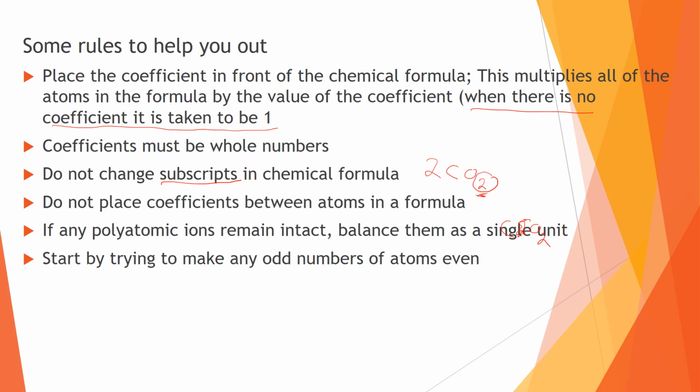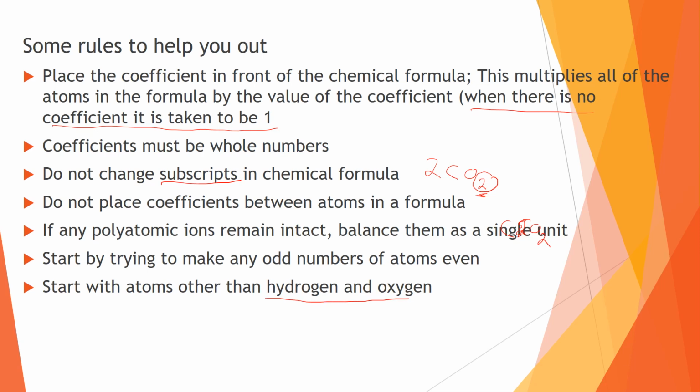Start by trying to make any odd numbers of atoms even. There are little tricks that'll help you. Start with atoms other than hydrogen and oxygen. Leave hydrogen and oxygen till the end, especially in a type of chemical reaction called hydrocarbon combustion. We'll talk more about that later. And balance elements last.